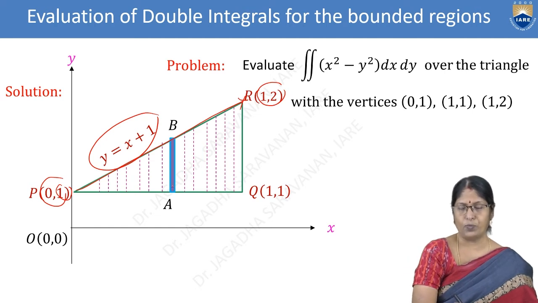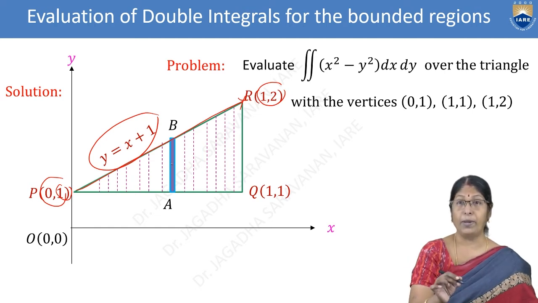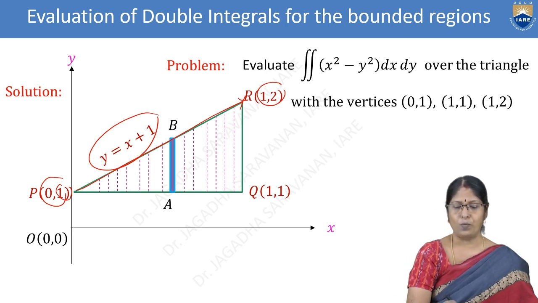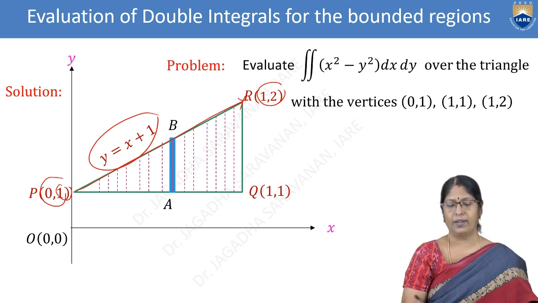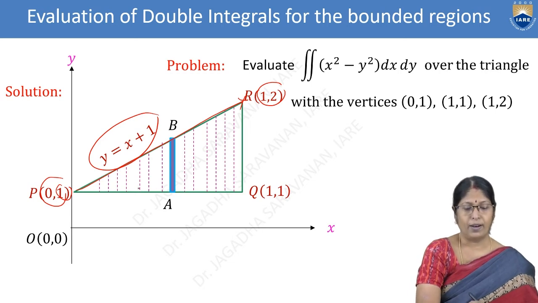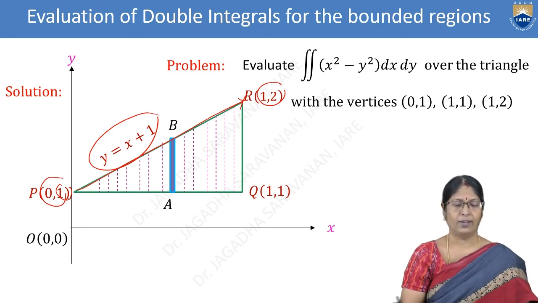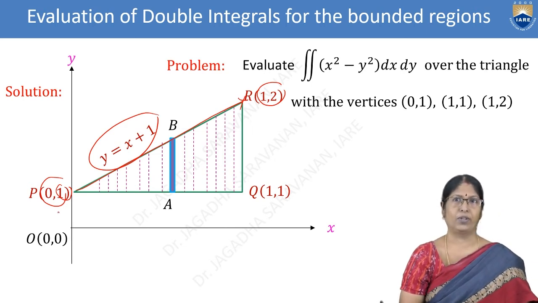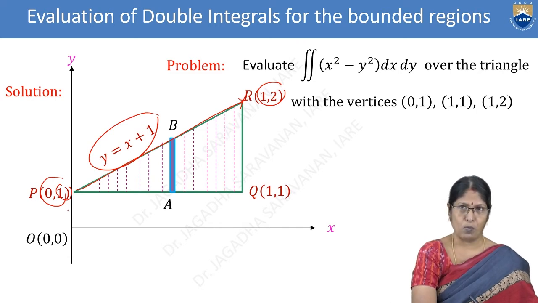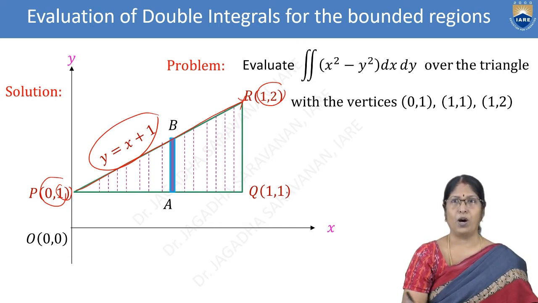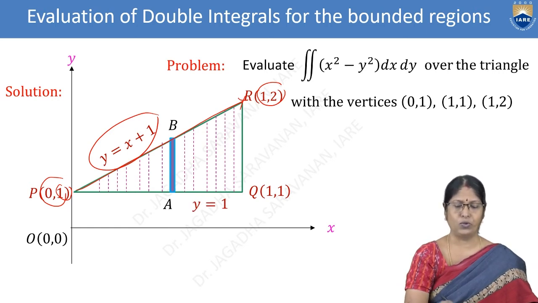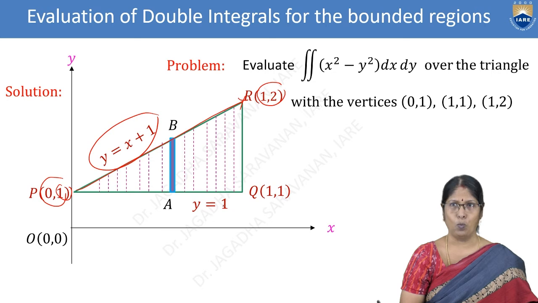So regarding this vertical strip, we got an idea of the limits of y. And what about the x limits? For this vertical strip, we have to see the left side. The left side is 0, 1, and here 1, 1.